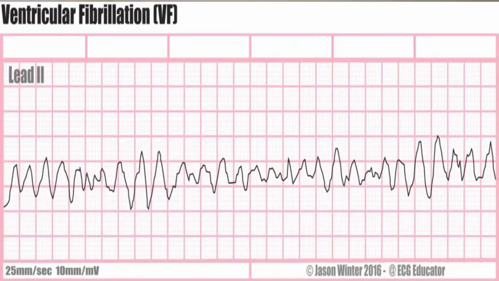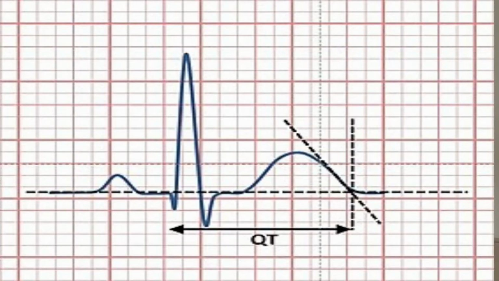VTach can lead to VFib, ventricular fibrillation. So we don't want our patients to develop these complications. That is why it is necessary for patients to be monitored for a prolonged QT interval. The normal QT interval should be less than 0.44 seconds.